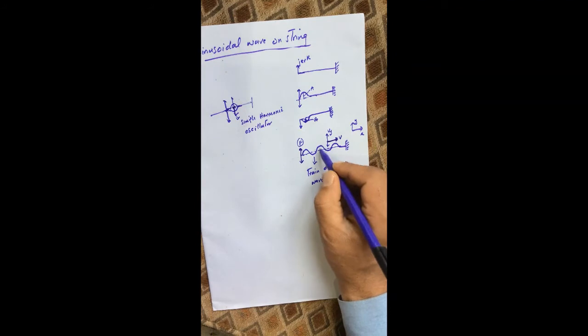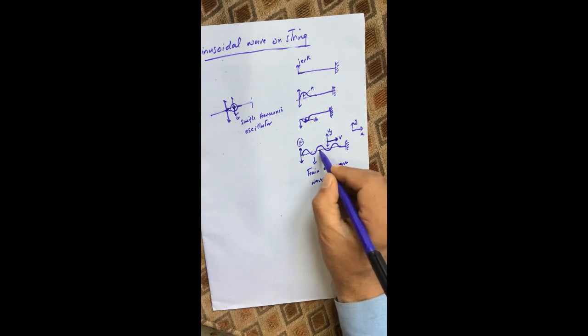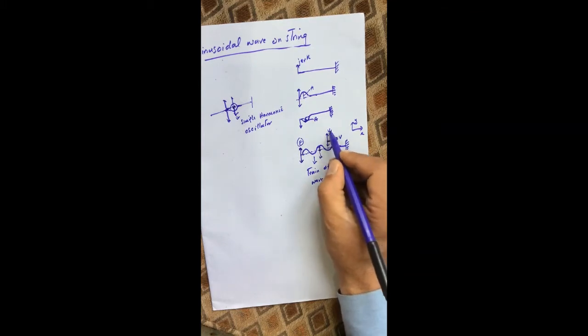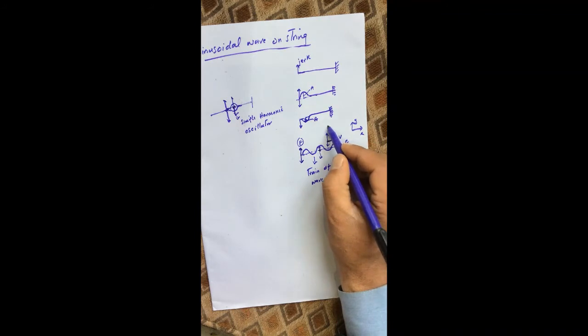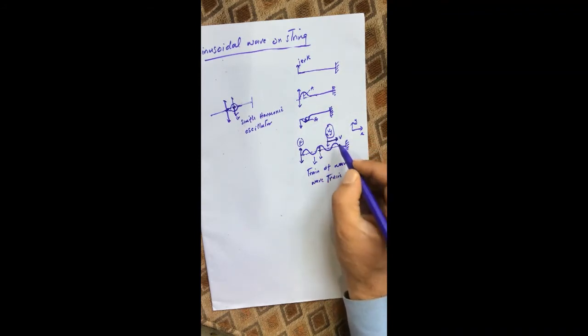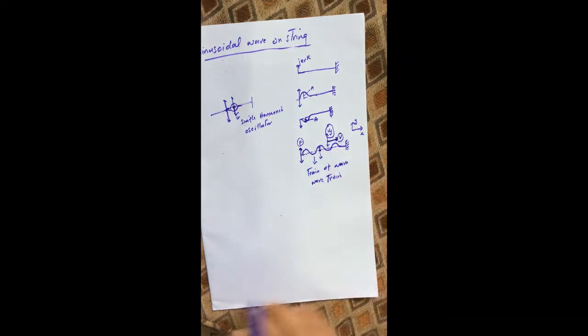And we know that the particle of the string, or the segment of the string, is moving up or down: if this is the segment, it moves up, then it goes down, and then up again. So its velocity is represented by vy. Whenever there is a vy, it means this is the velocity of the particle of the medium. Whenever we have only v, it represents the velocity of the wave.